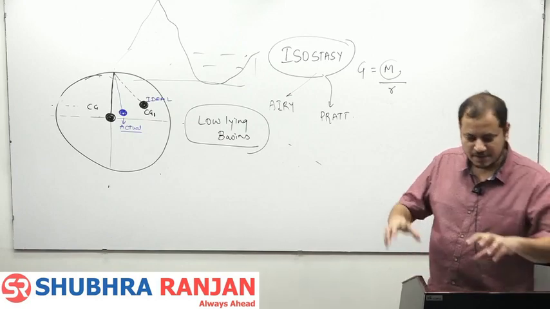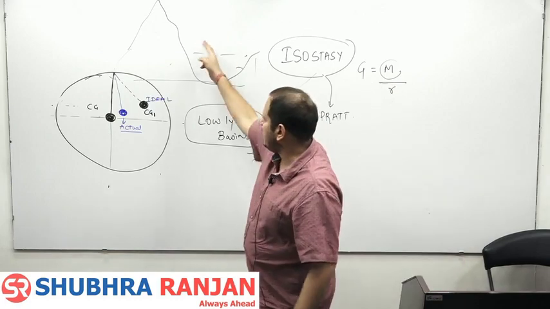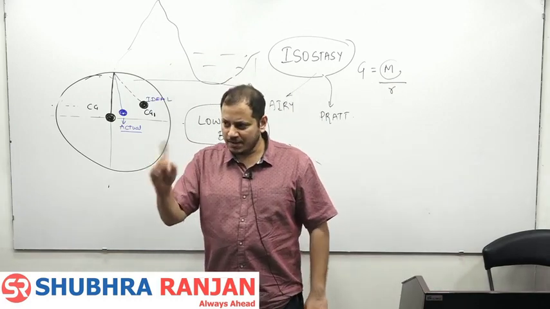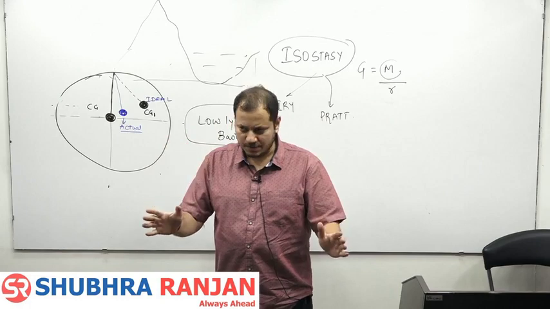What is the state of isostasy? Balance between up and down parts on the rotating earth is equilibrium or isostasy.